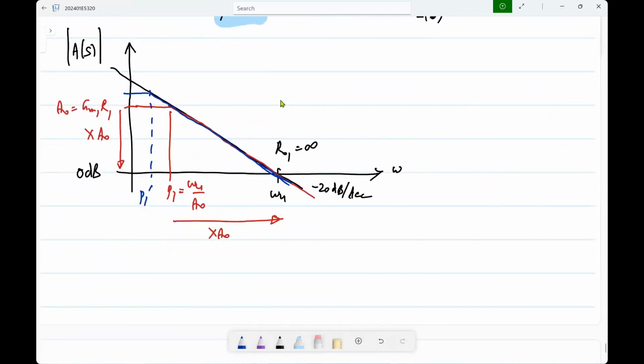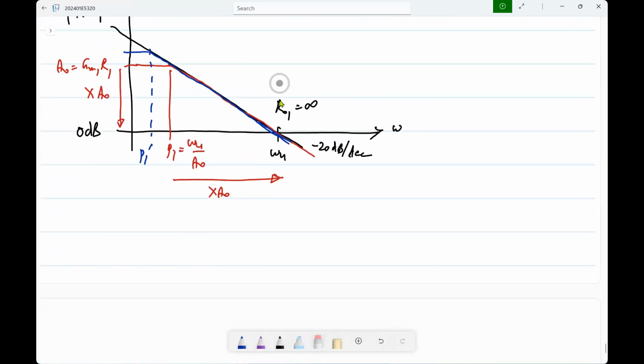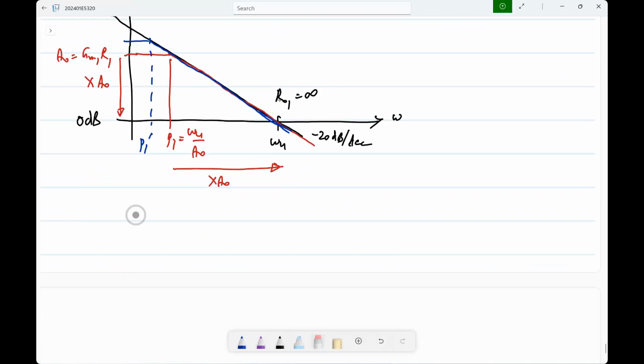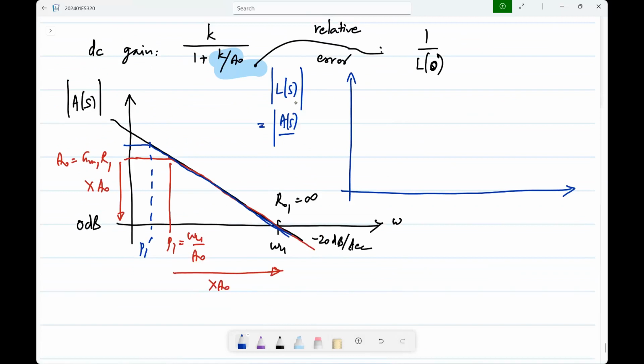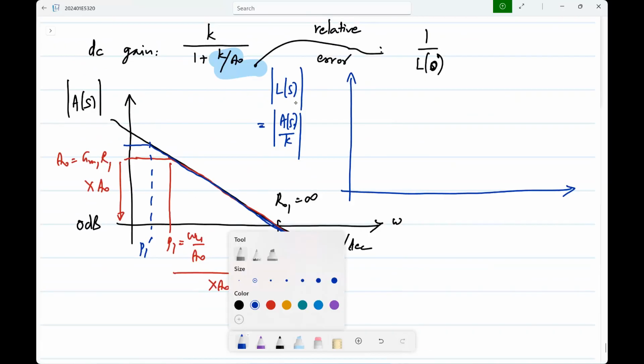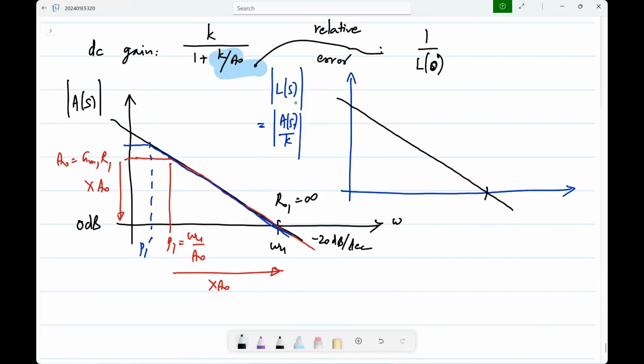So this is the gain of the op-amp itself, and the loop gain, of course, follows a similar behavior. If I just plot the loop gain, in this particular case, it is A of S by K. So ideally, this would be the unity loop gain frequency.